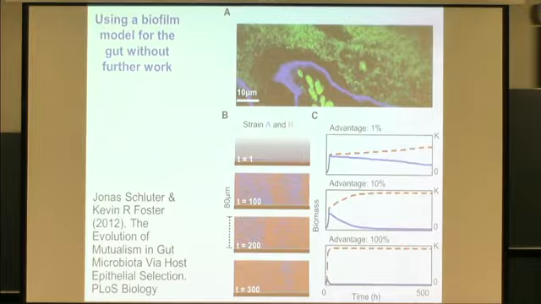All the cells in this model start to grow at the bottom near the epithelium layer, and they grow upwards, and there are no bacteria here at the top where the lumen of the gut is. And they show a picture of a gut where actually there are loads of bacteria in the lumen and hardly any at the epithelium.